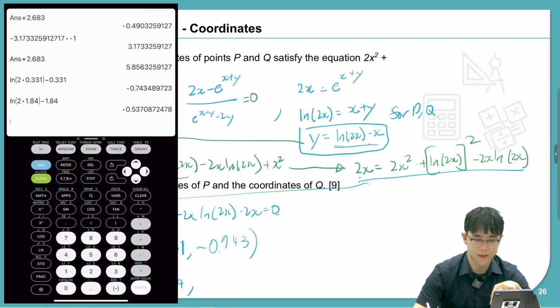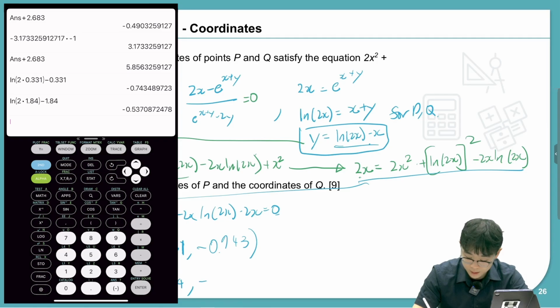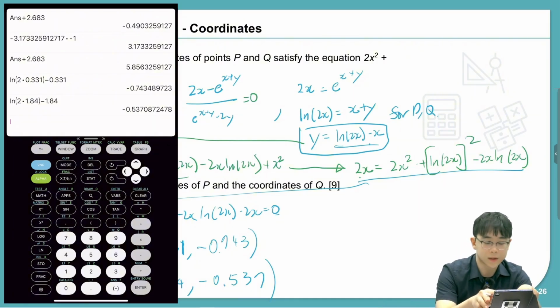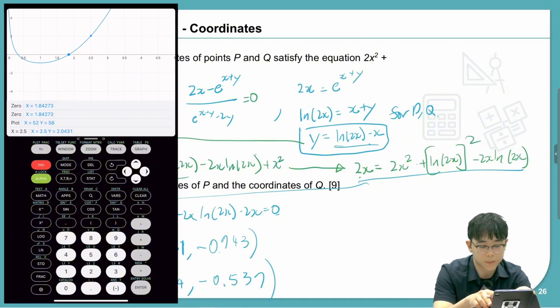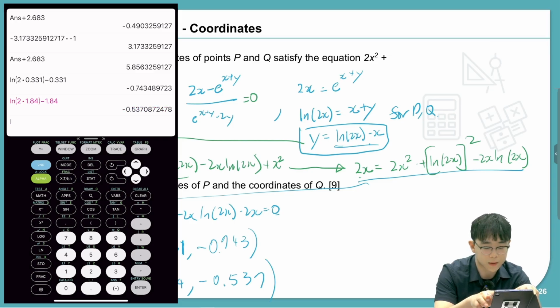So if we were to do that, we would get negative 0.537 for coordinate Q. But actually, when we're doing this for coordinate Q, we just want to make sure the rounding is there. So we have actually 1.84273.